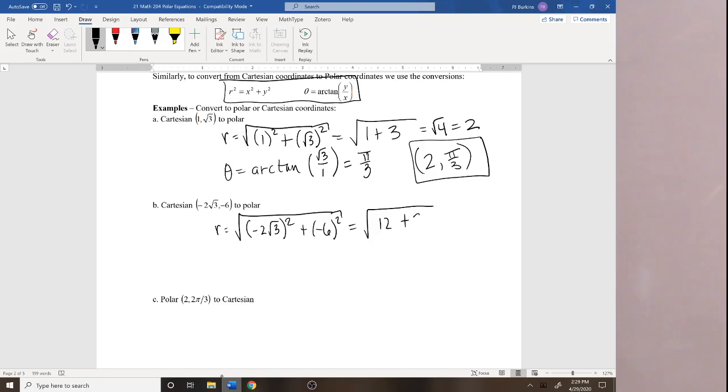The second one's going to be 36. And let's see, is there a perfect square in there? That is 4 square root of 3.